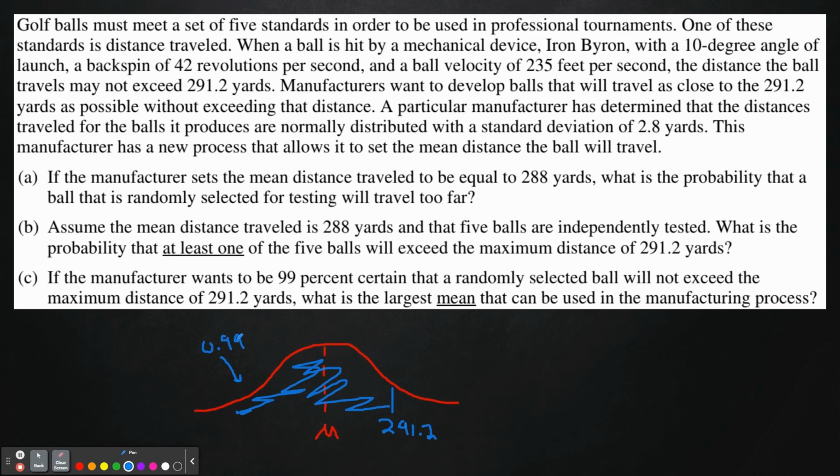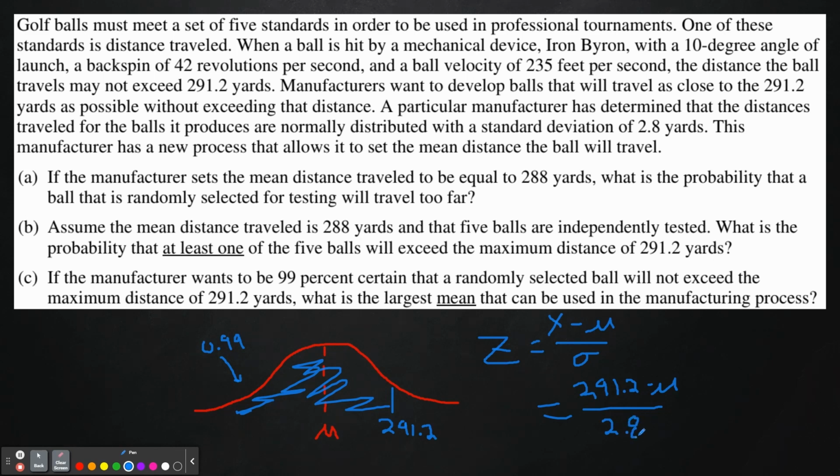We are unable to use normal CDF or InvNorm to solve this at the moment because we don't have the mean. So we're going to rely on z-scores. We know that a z-score is equal to the data value minus the mean divided by the standard deviation. We know that the data value is 291.2. We don't know the mean, but we do know the standard deviation is 2.8.